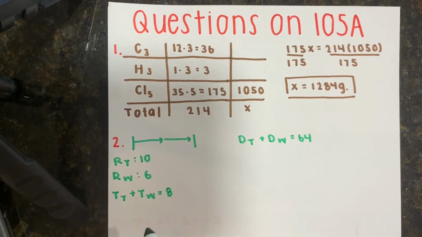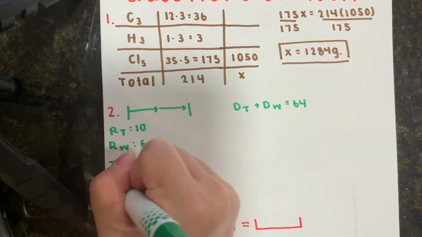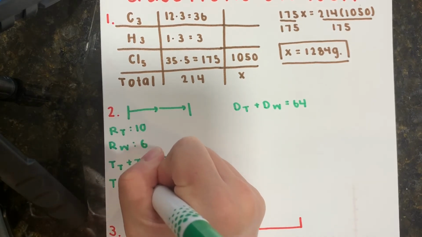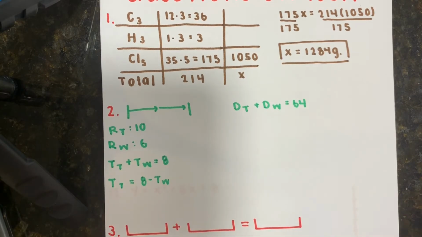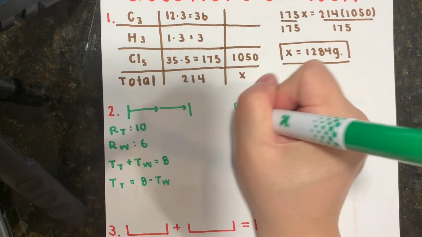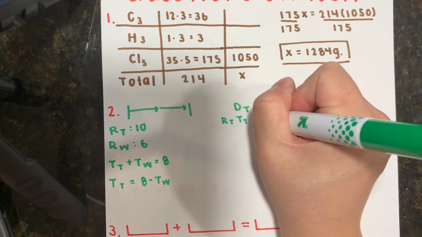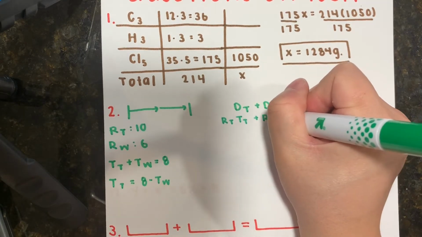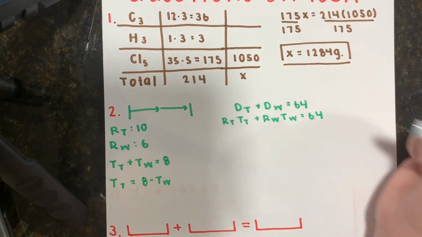Now you want to solve for either TT or TW in this equation. So if I solve for TT, I would get 8 minus TW. Now you should remember that distance is equal to rate times time. So DT would be equal to RT times TT, and DW would be equal to RW times TW, which equals 64.